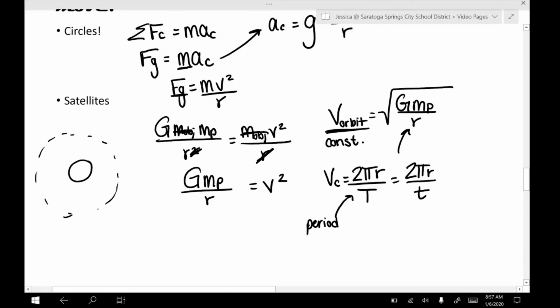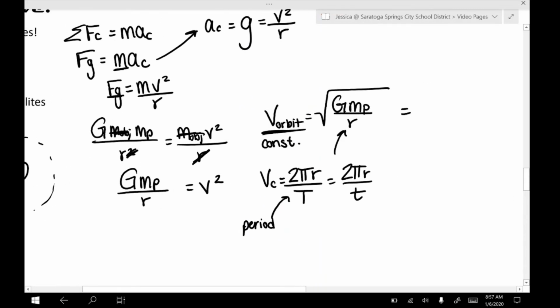Okay, so we could set this orbital velocity equal to 2 pi r, again, where r is the distance from center, not a radius, over the period. That might allow us to find the period of revolution of the satellite, meaning how long it takes to actually travel around the Earth.